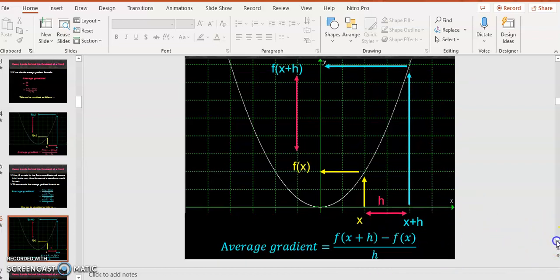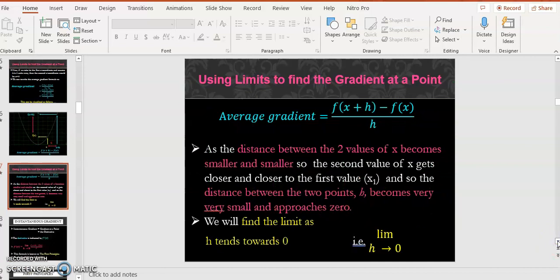So this formula will be given to us. You only learn how to use it. So here our average gradient will be this.